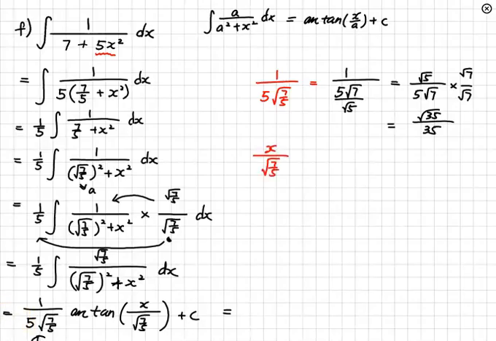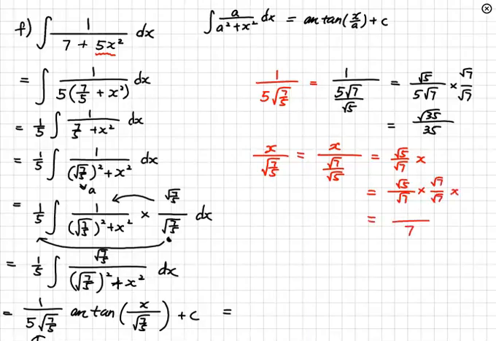Now let's deal with the x on root of 7 on 5. So this can be rewritten as root 7 on root 5. So therefore, again, flip the fraction. So you have root 5 on root 7 of x. So rationalize. So you have root 5 on root 7 times by root 7 on root 7 of x.